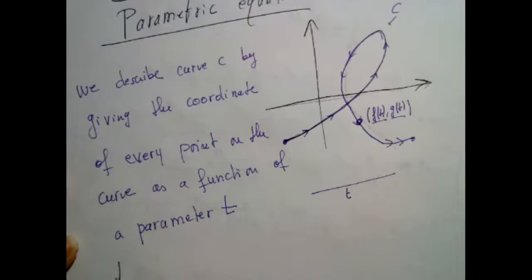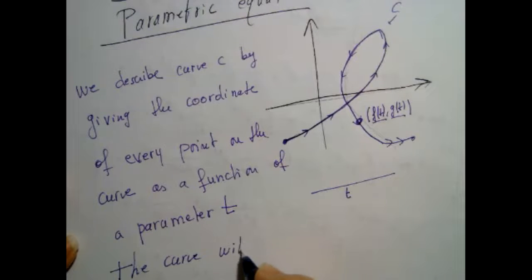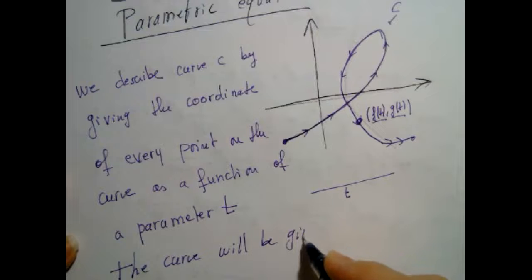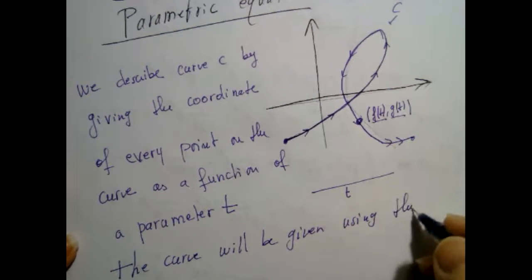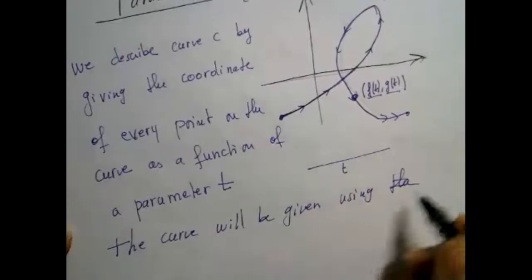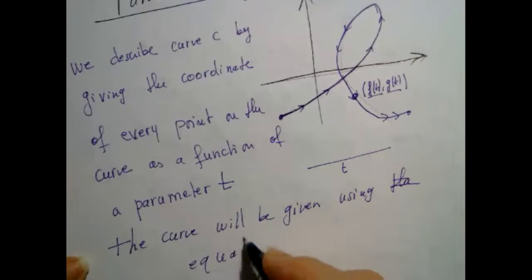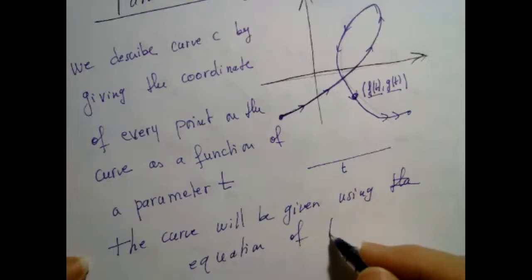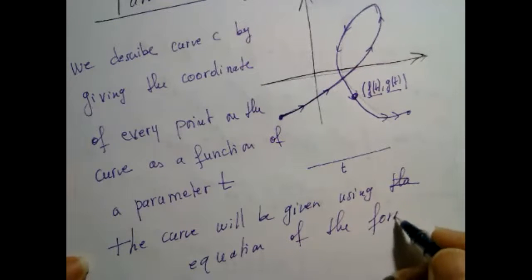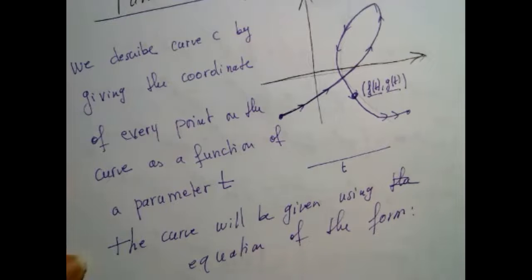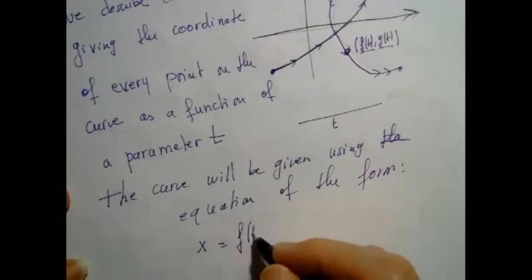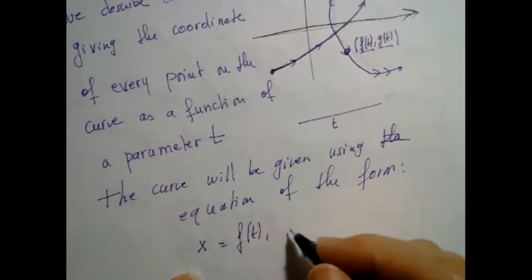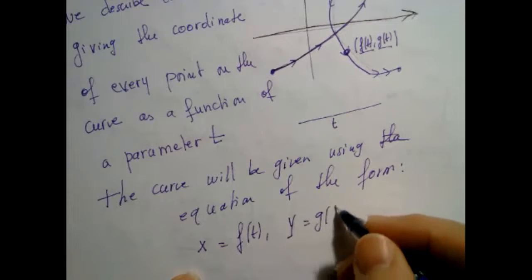So the curve will usually be given using equations of the following form. x as a function of t, which will represent the x coordinate, y equals g of t.